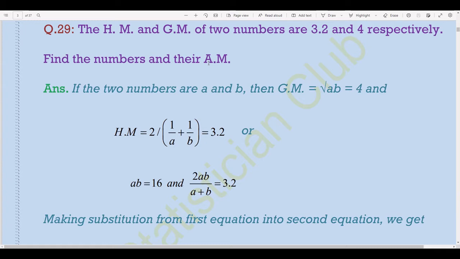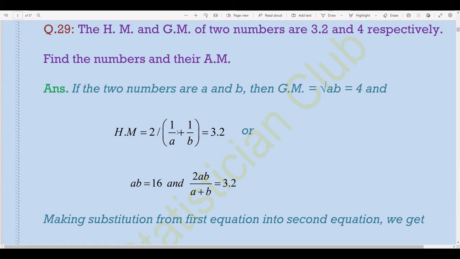So as you know, the formula of harmonic mean is n over 1 over x1 plus 1 over x2, because we have two numbers, and if you have n numbers it goes on like this, 1 over x3, and so on up to 1 over xn.